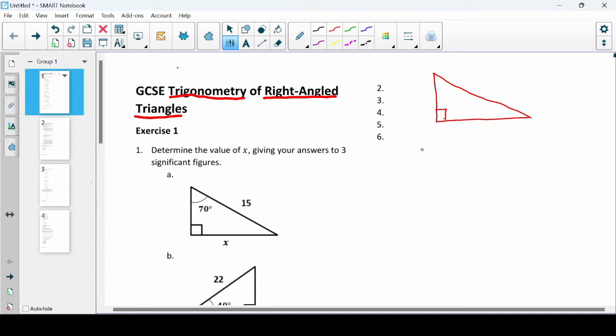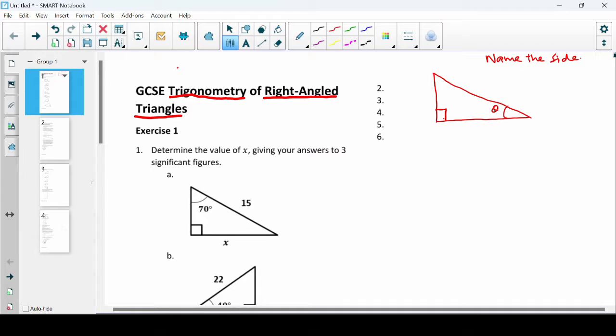In a right angle triangle, one angle is 90 degrees, and you have to look for the other angle, which will always be given to you. One of the other two angles will be given to you, or you have to find that angle. So you have to name the sides. Naming the sides is the first step.